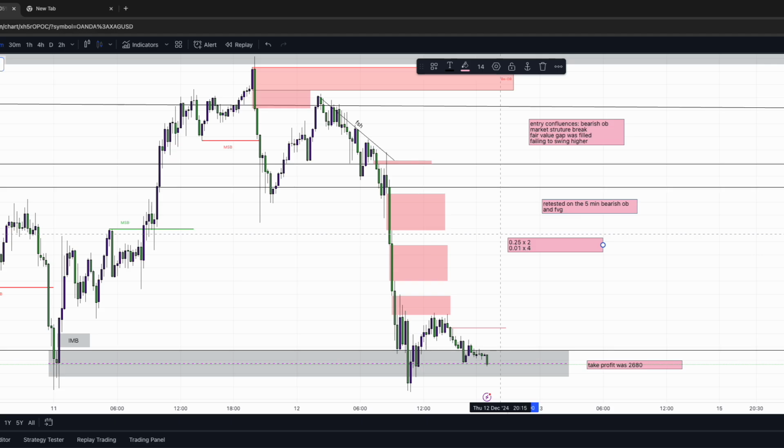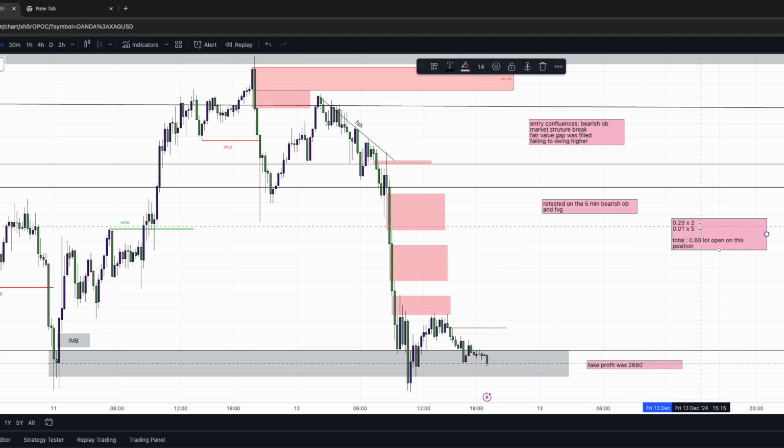So in total I had opened 50. Oh wait, hold on. Hold on. I lied. It was 5. So in total I had a 0.60 lot open on this position.